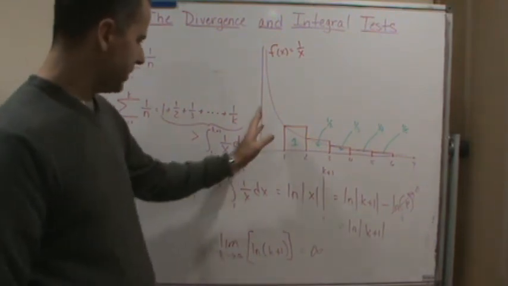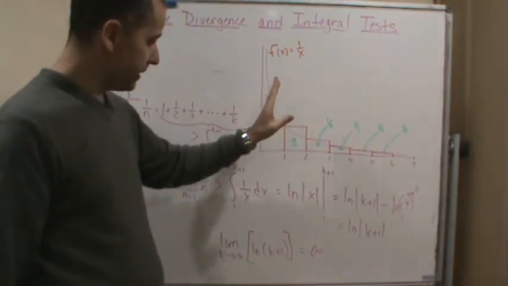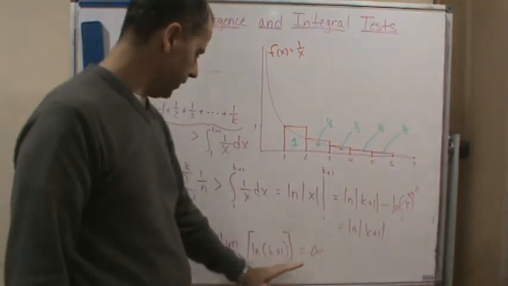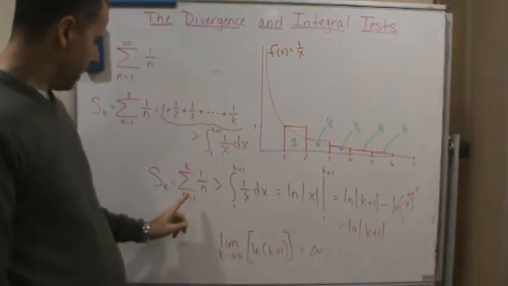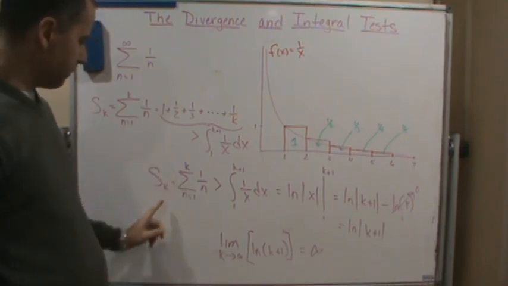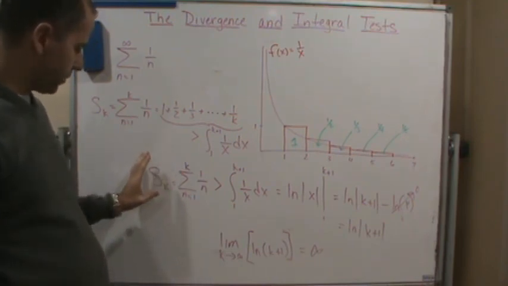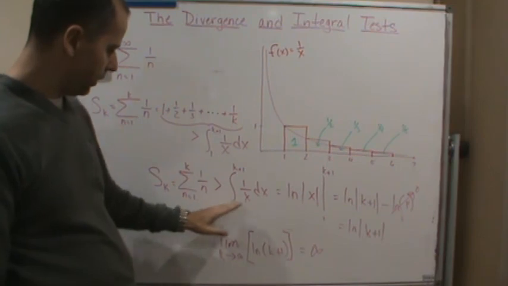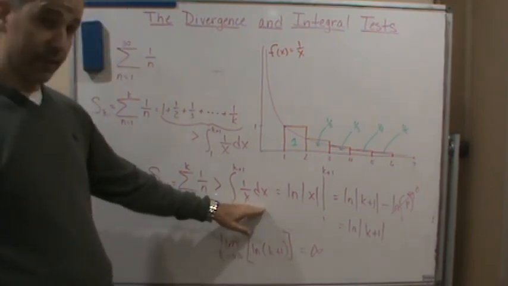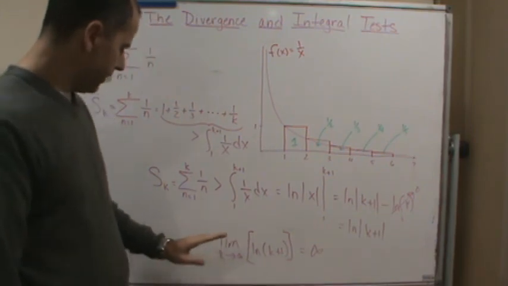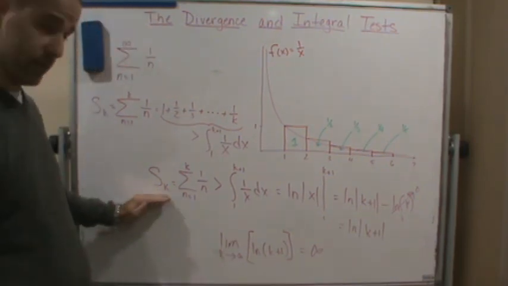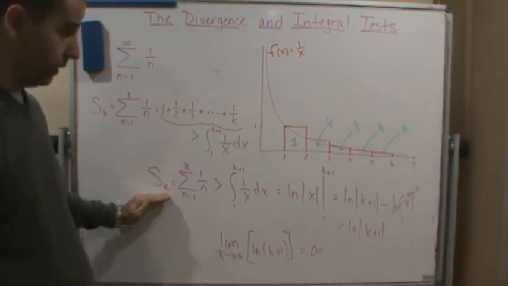So since the area under this curve is going off to infinity, and the partial sums are always greater than the corresponding integral, this tells us that the sequence of partial sums is unbounded.